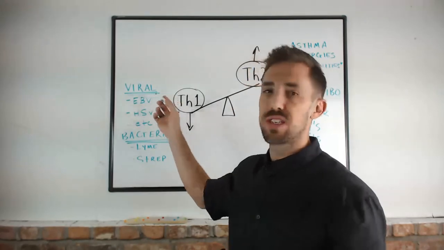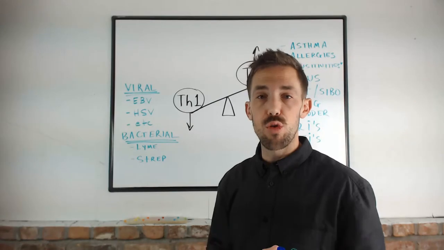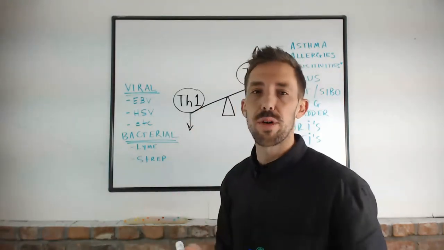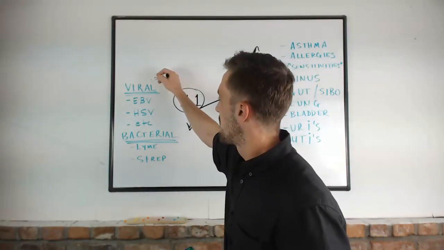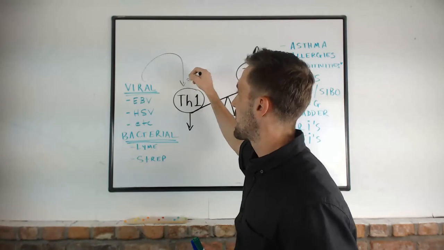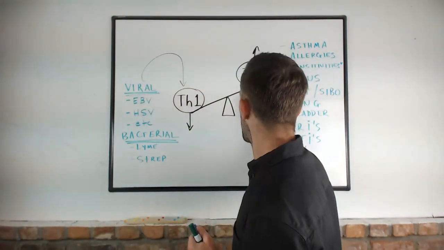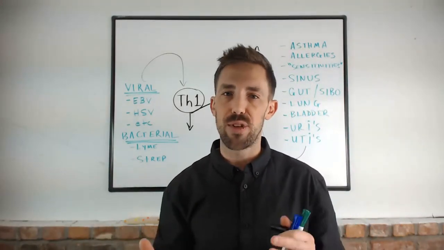These viruses too, they're smart, so they have immune evading mechanisms. They'll dampen Th1 because they don't want to be caught and killed. So as you get more viruses, you get more Th1 going down, and as you get more overgrowth, you get more Th2 going up. So this is a vicious cycle.